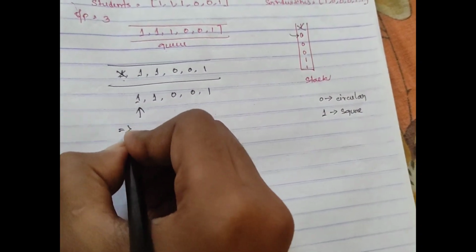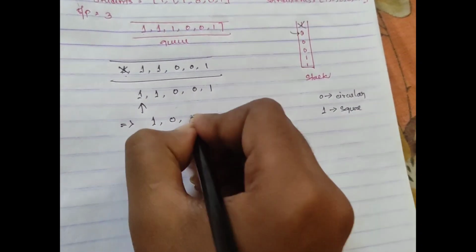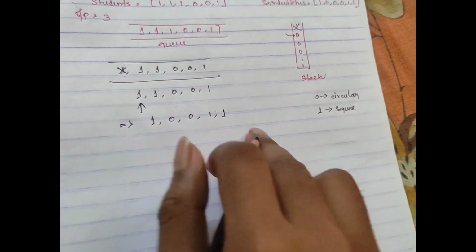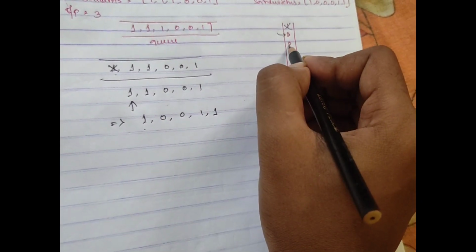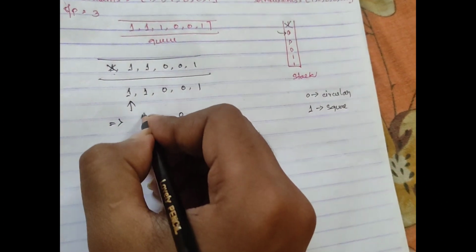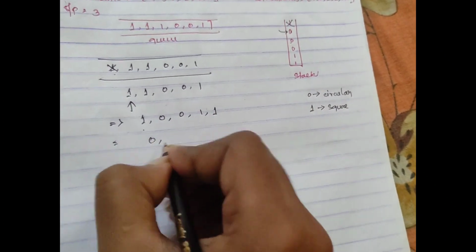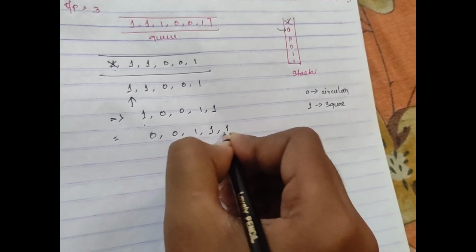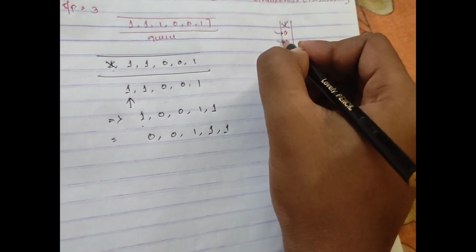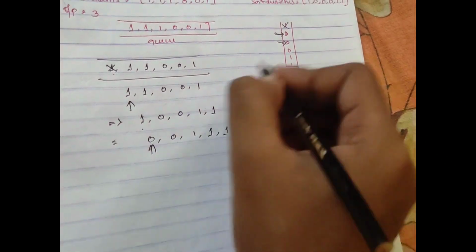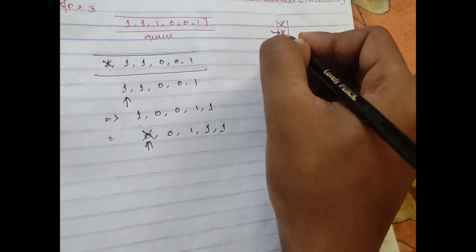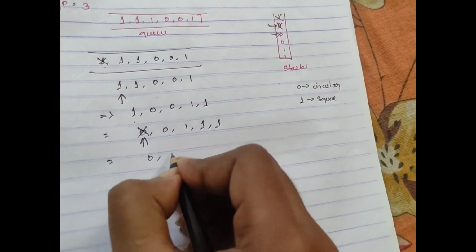So the array is 1 0 0 1 1. Again the first element is 1 and the sandwich is 0, not matched, so pop it and push it to the back. So 0 0 1 1 1, the first element is 0 and the sandwich is 0. Okay, they match, so pop them.